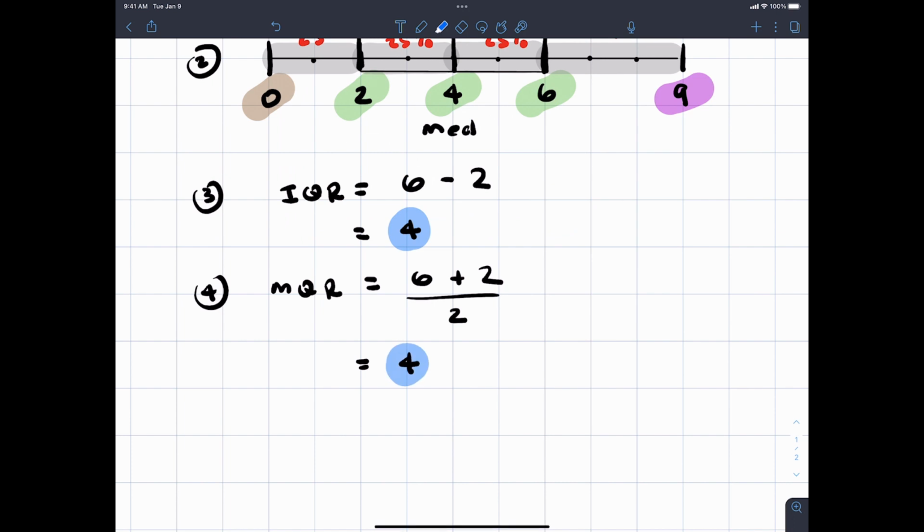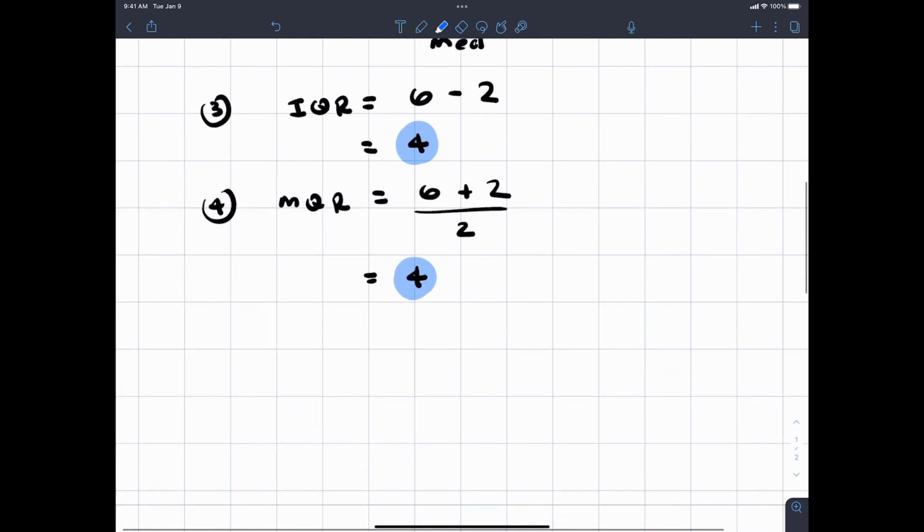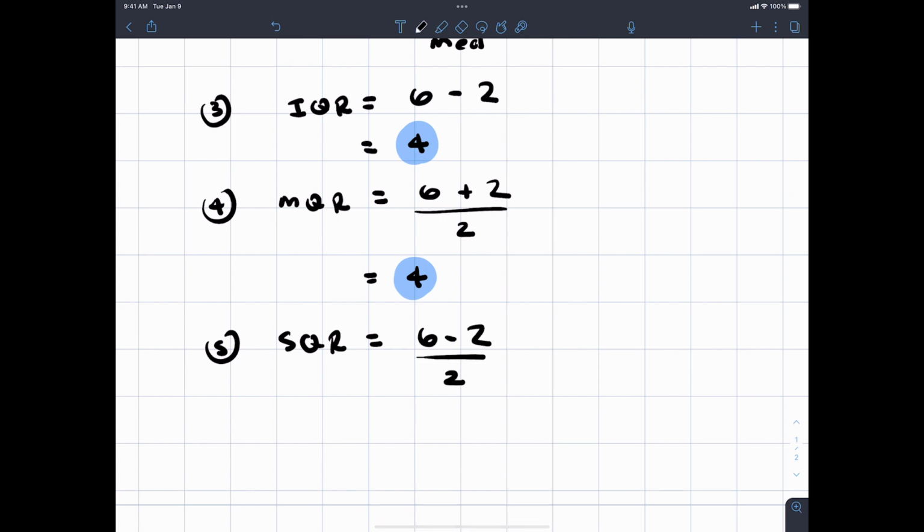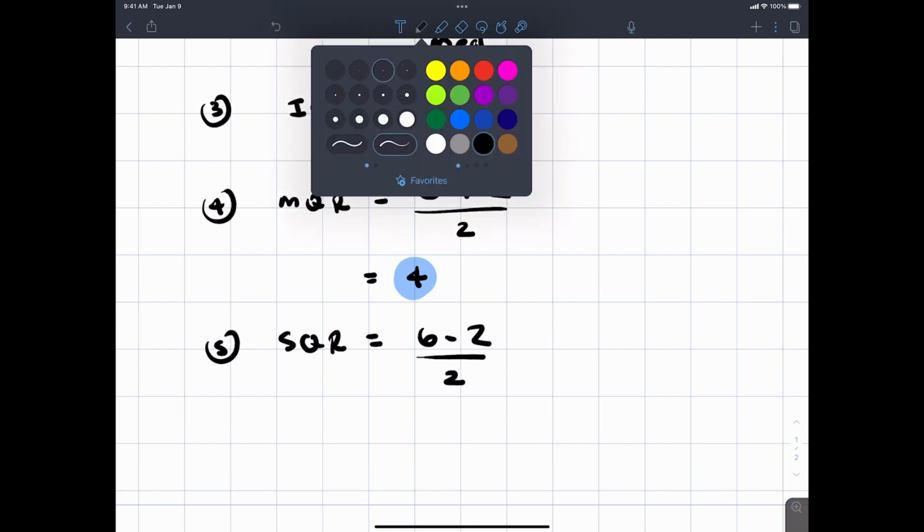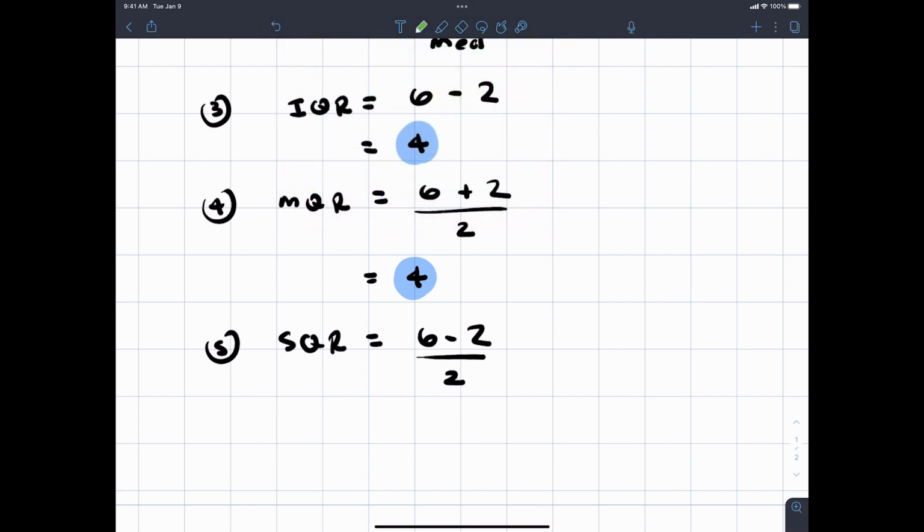All right, good. And then the last one for those definitions that we had yesterday, right? What was it? Do you guys remember? It's the semi-quartile range, SQR, which is Q3 minus Q1 divided by 2. So if you said, hey, I thought it was helpful to write down the definitions.